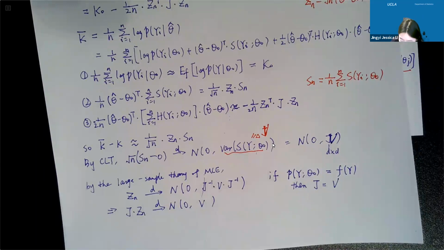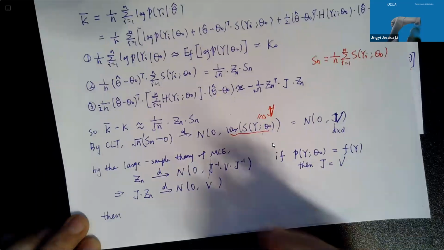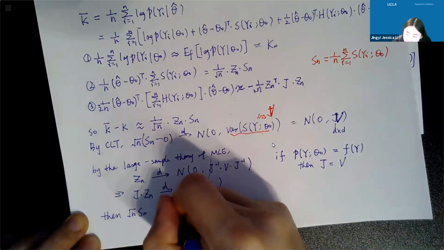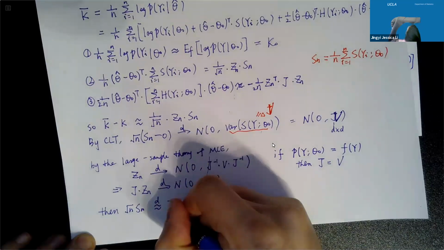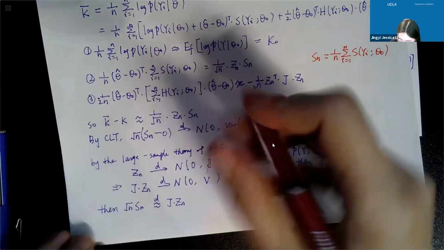We're going to use that. So then we make a very brave approximation by saying that root n Sn is approximately distributed the same as J Zn.